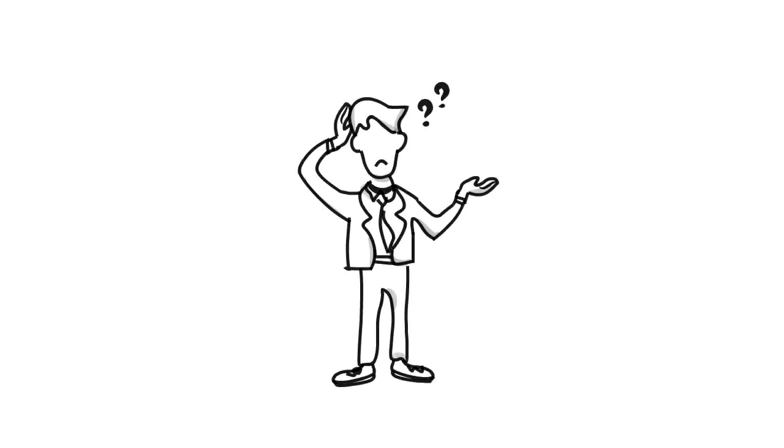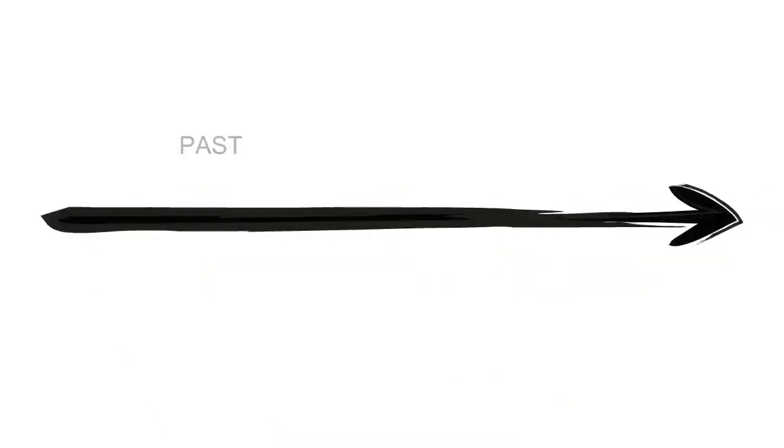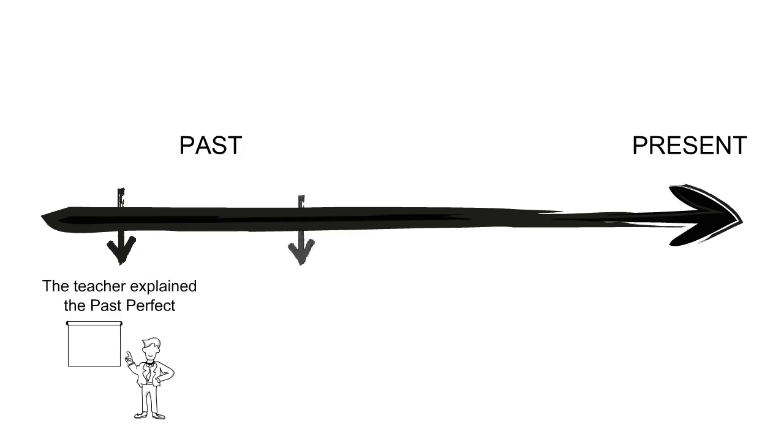But what do we use the past perfect simple for? If you have a timeline and focus on the past, where two actions finish one after the other, like the teacher explained the past perfect, and after that, the student arrived, the first action is expressed in the past perfect, and the closest to the present is expressed in the past simple.